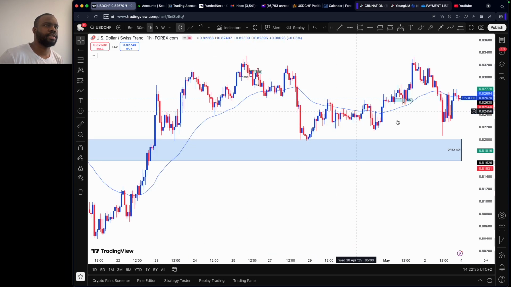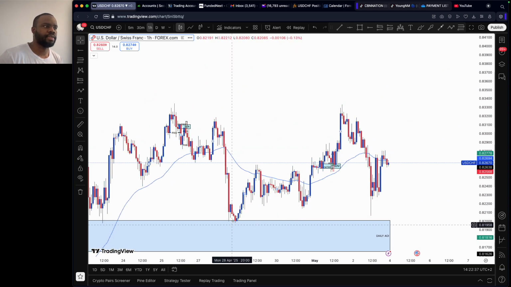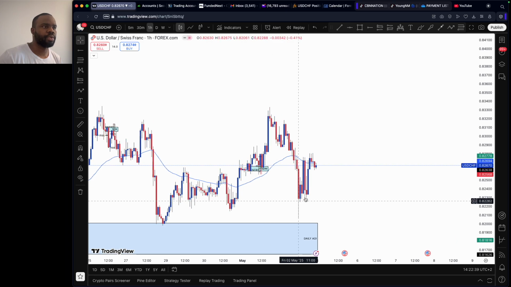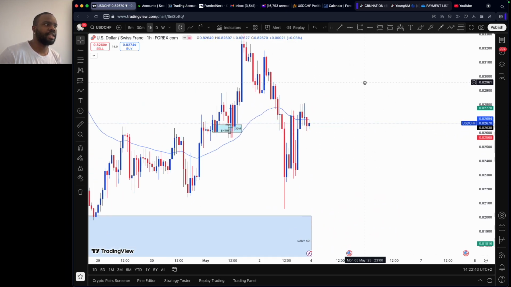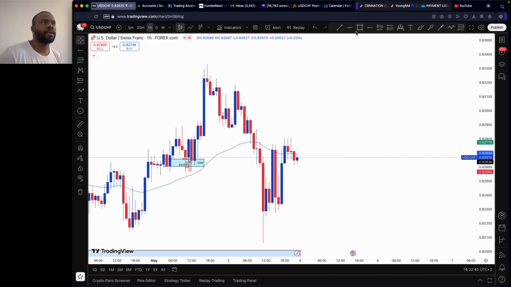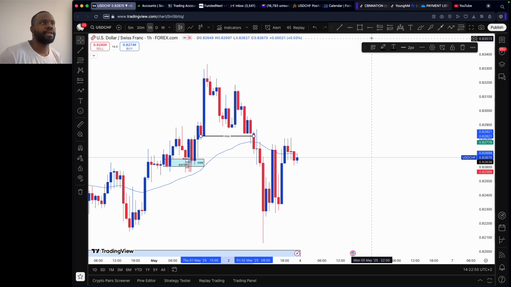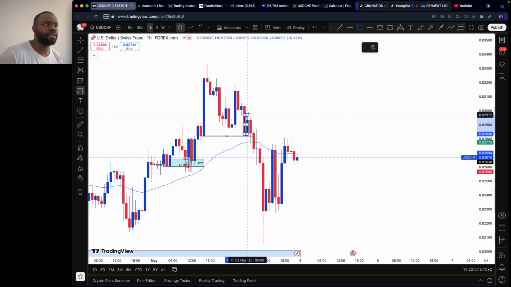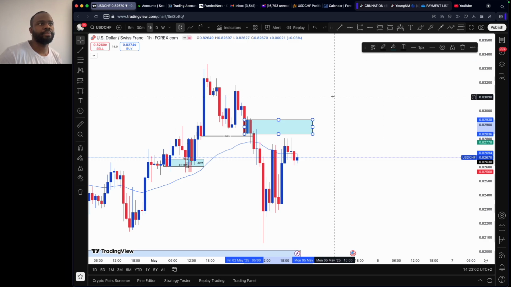On the 1 hour time frame, price has already retested the daily zone. What I want to see is a push up, but what I'm seeing on the 1 hour is different, because this was the last low here. As you can see, price has shifted bearish on the 1 hour, leaving a sort of demand zone, a supply here.